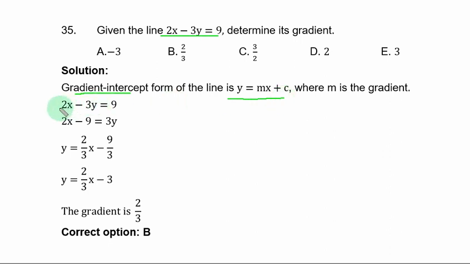In the given line, you simply solve for y. You have it in this form. Divide through by 3, y is equal to 2 over 3 x minus 9 over 3, which simplifies to this, and the gradient is 2 over 3. The correct option is B.